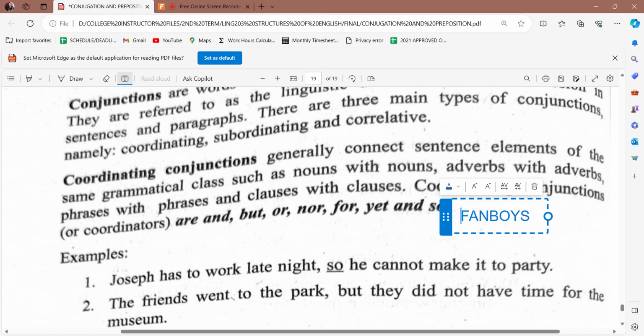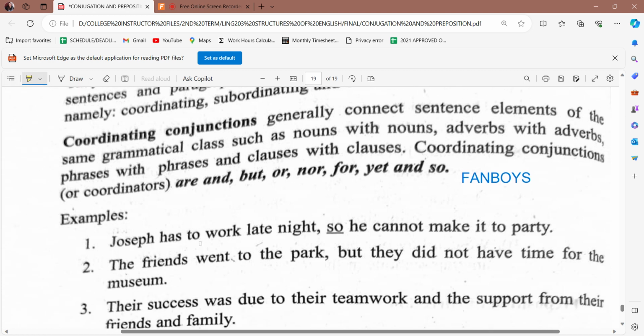So this is just what you have to remember. When you say coordinating conjunctions, we have seven, and that is FANBOYS. Seven letters: for, and, nor, but, or, yet, so.